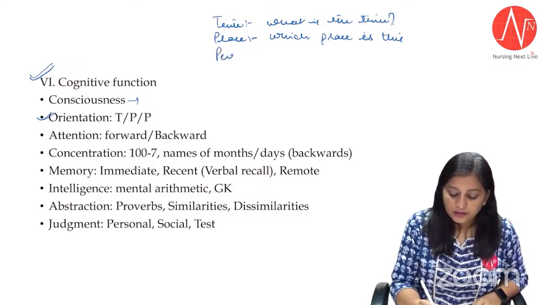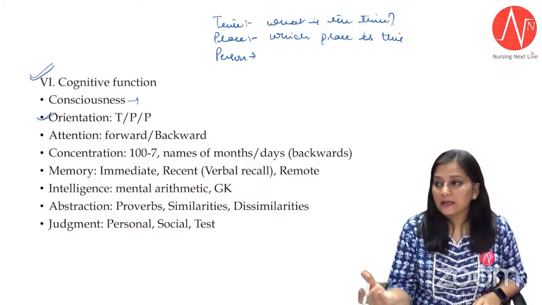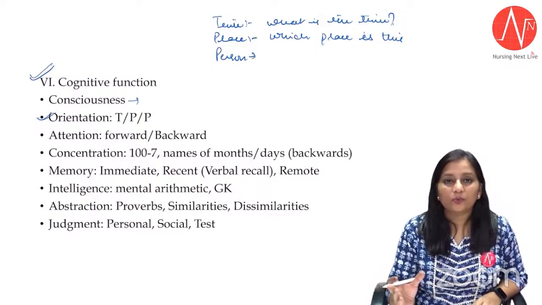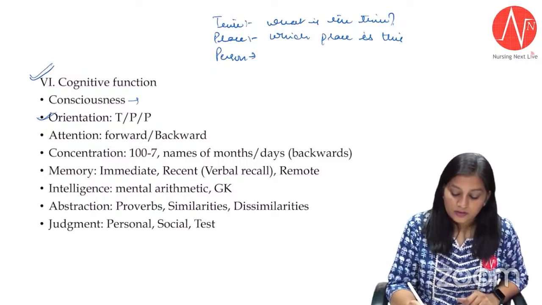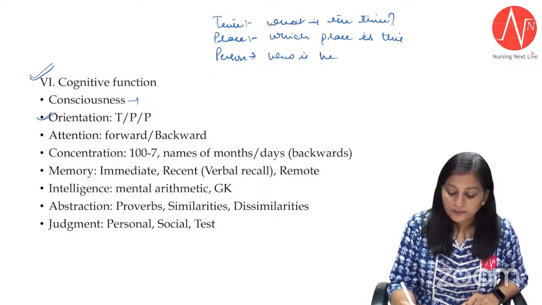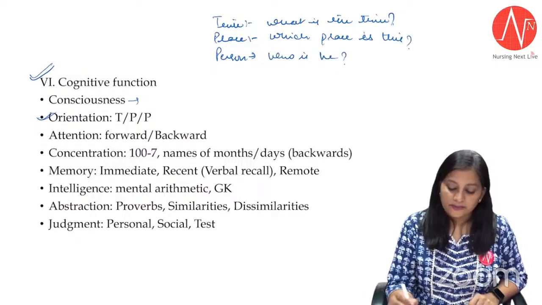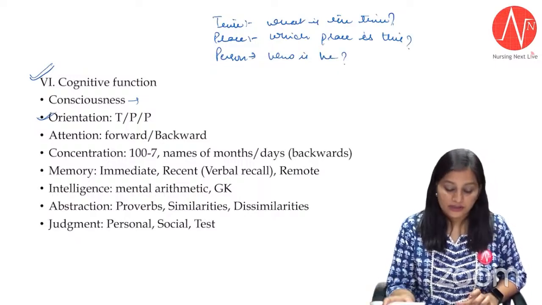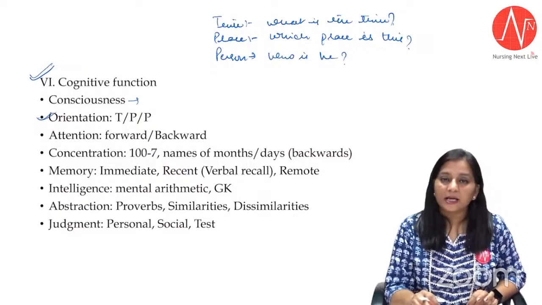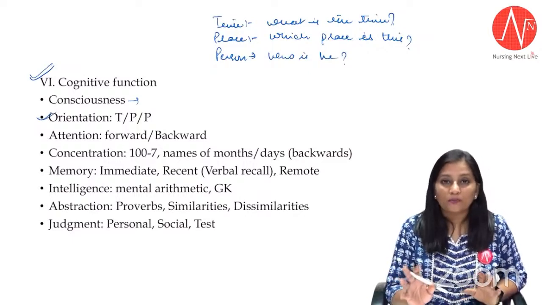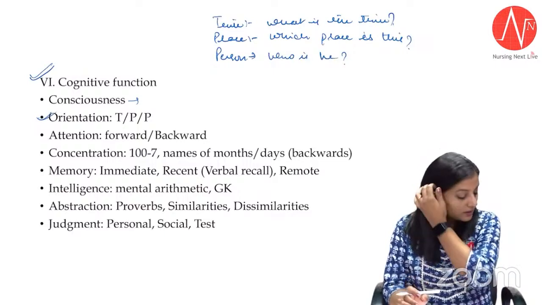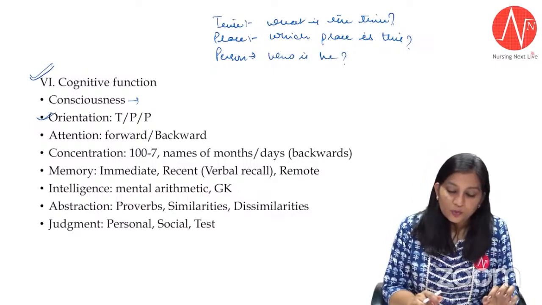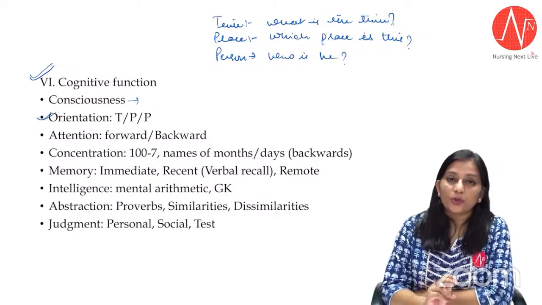And for person, you can ask about the person who is accompanying the patient, do you know who he or she is? These types of questions can give us the answer on orientation. We also ask about season, month, or weather. If the patient is oriented to time, person, and place, we write oriented.